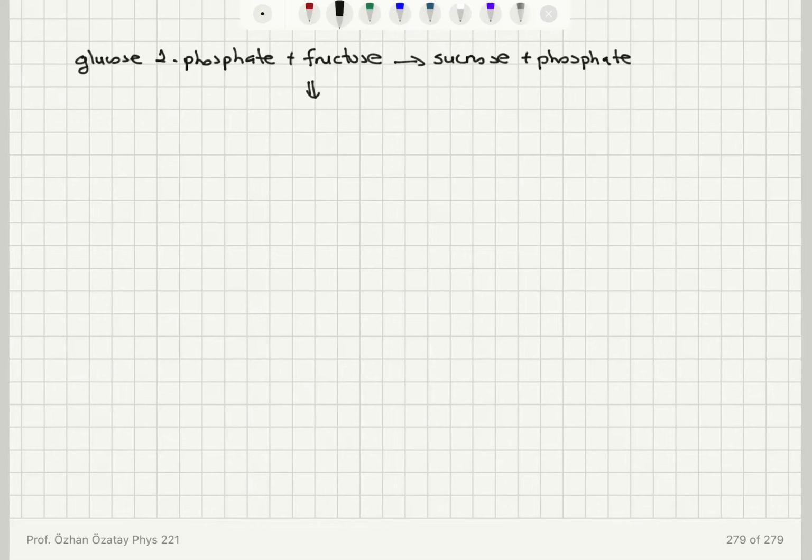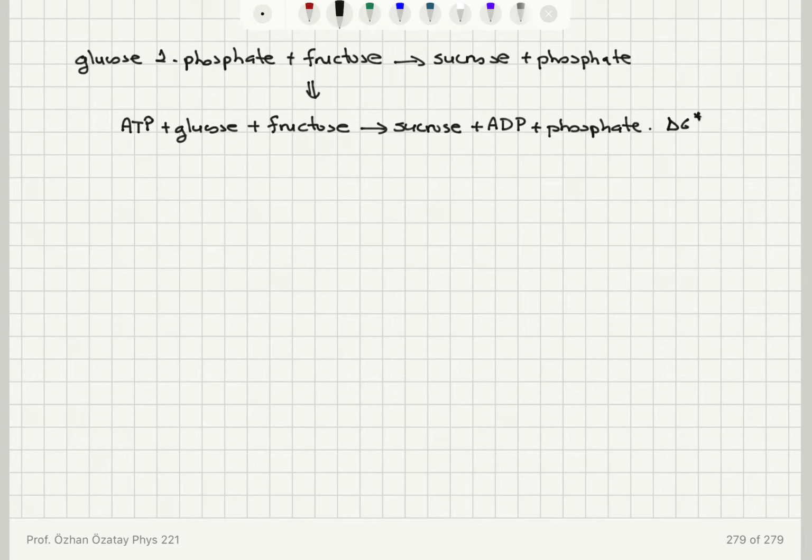So the end reaction can be described as follows: adenosine triphosphate reacting with glucose and fructose to produce sucrose plus ADP plus a phosphate. This reaction is feasible because the total delta G is less than 0.